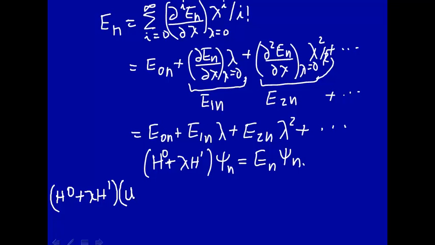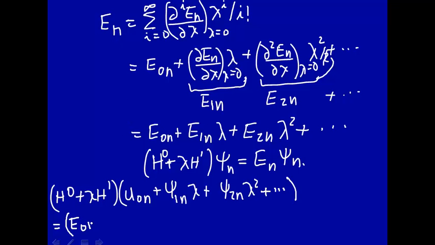Psi was the unperturbed u0, the symbol we've given for a particular quantum state n, plus the first order correction to that wave function times lambda, plus the second order correction term times lambda squared, plus and so on, equals E. We've expanded E: that's the zero order term for the energy, plus the first order correction term times lambda, plus the second order correction term to the energy times lambda squared, plus and so on.